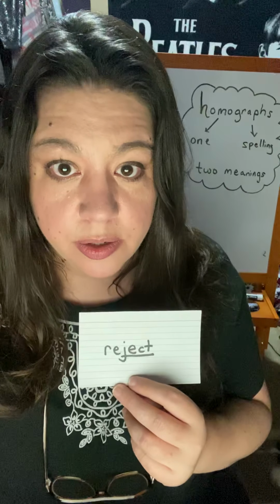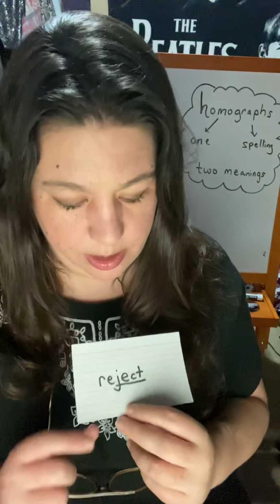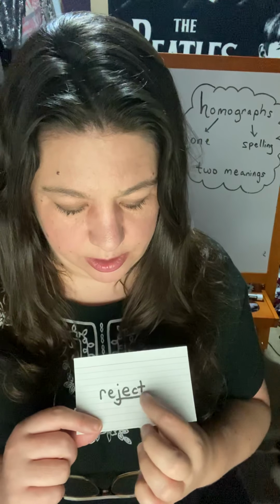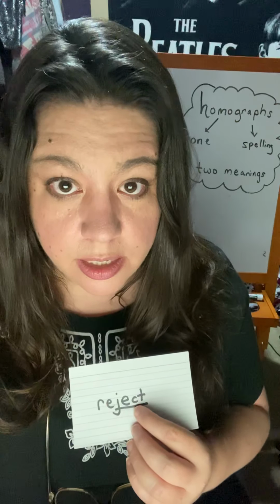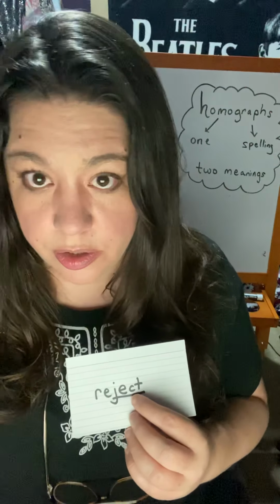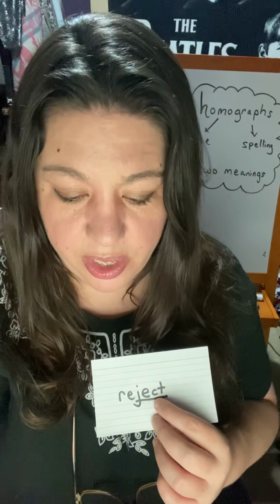Reject or reject? This one, emphasis is on the second syllable. Reject, not reject. So does that mean A, to refuse to accept, or B, a person or thing not wanted?